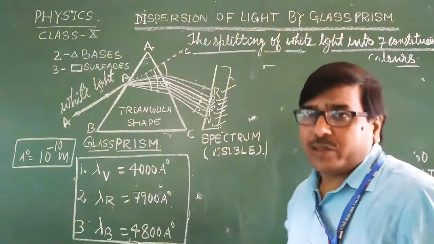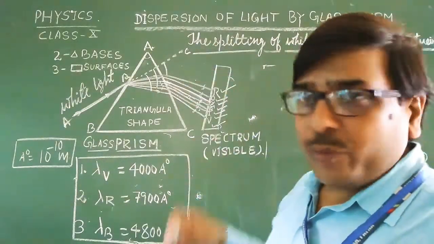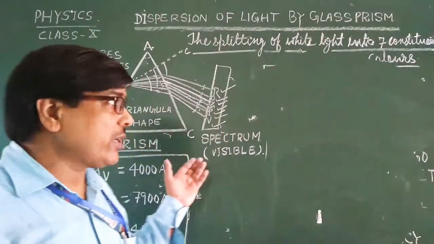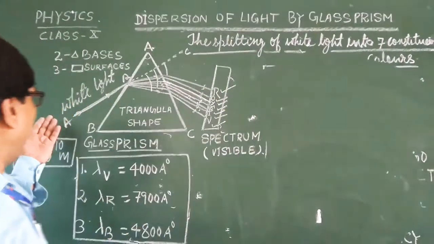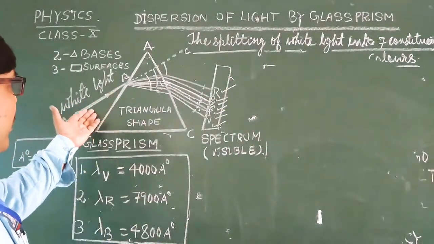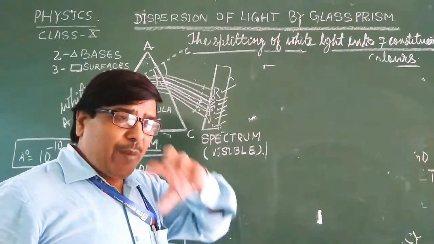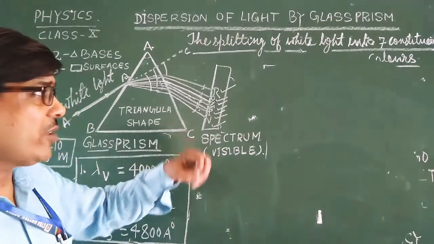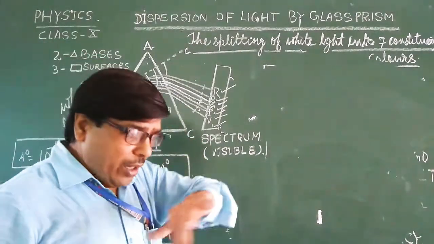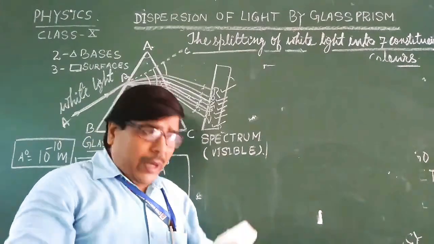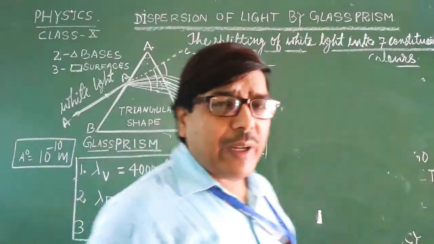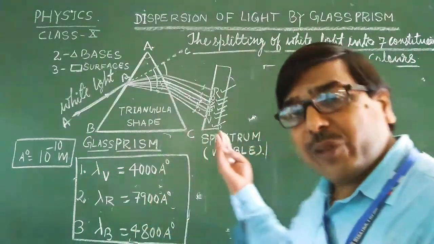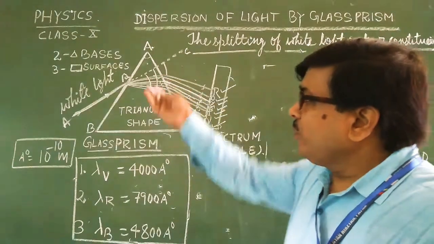This phenomenon of dispersion of white light into seven colors was successfully explained by Newton. Newton discovered that when white light, sunlight, passes through the prism, with another device, the Newton disc, in which seven colors are painted, if it rotates, it comes again into a white beam of light.